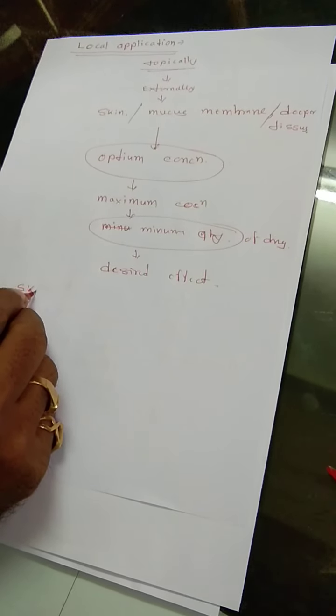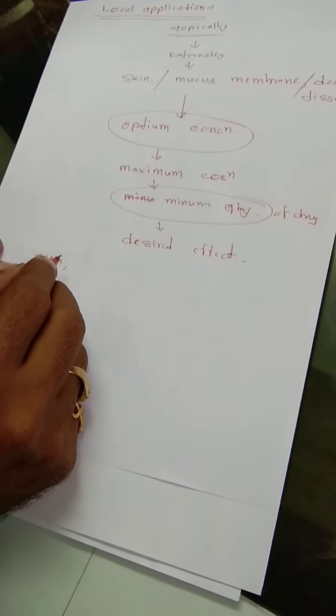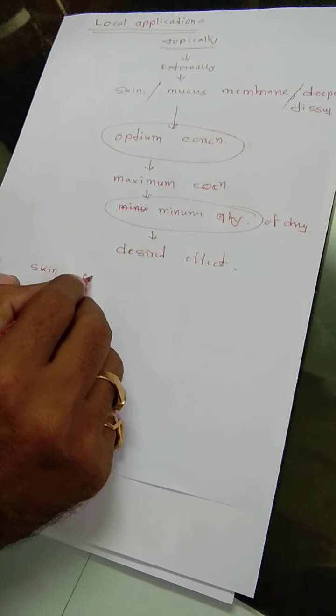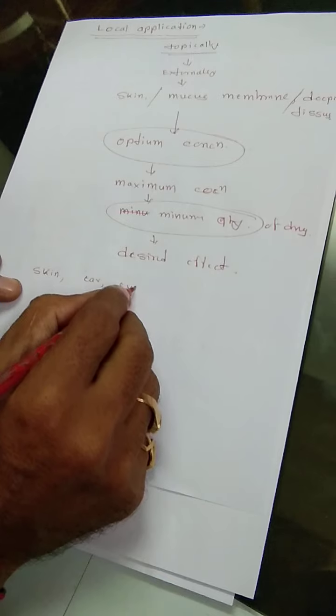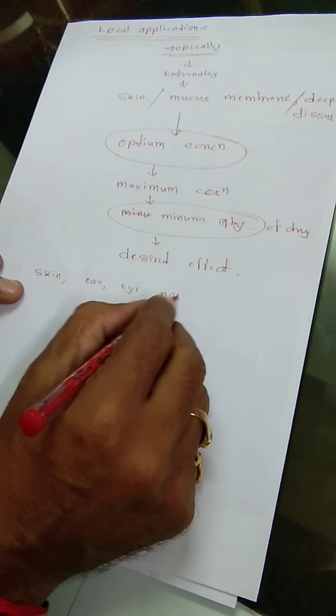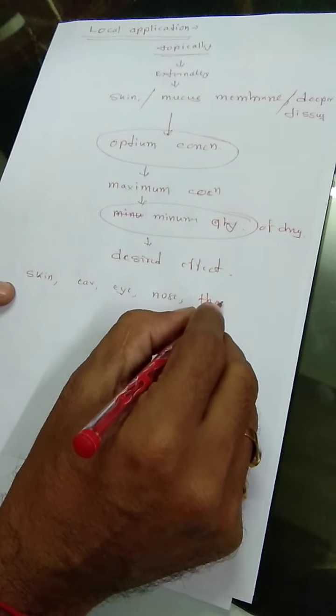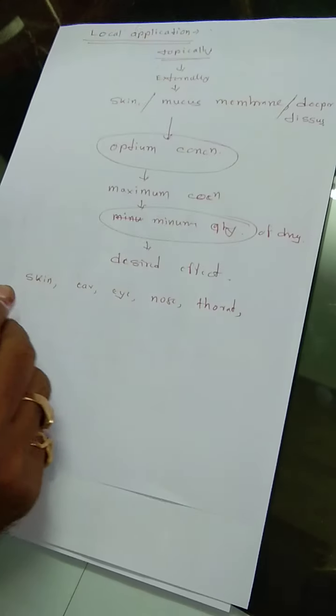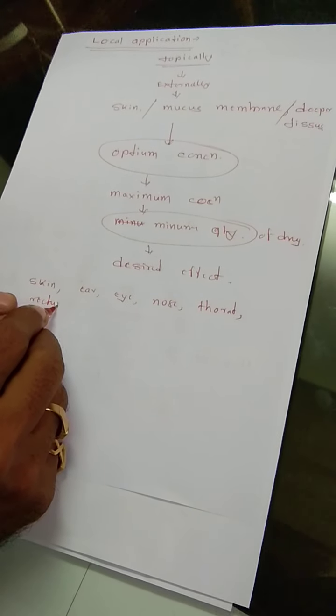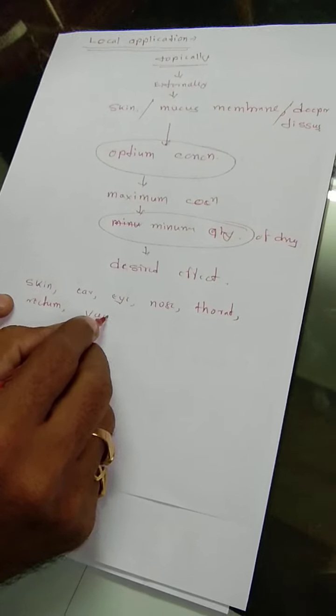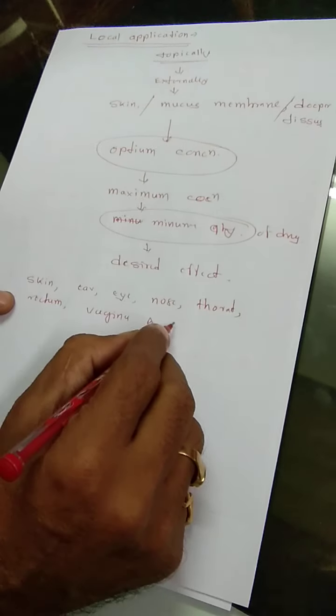The sites include skin, ear, eye, nose, throat, rectum, vagina and urethra.